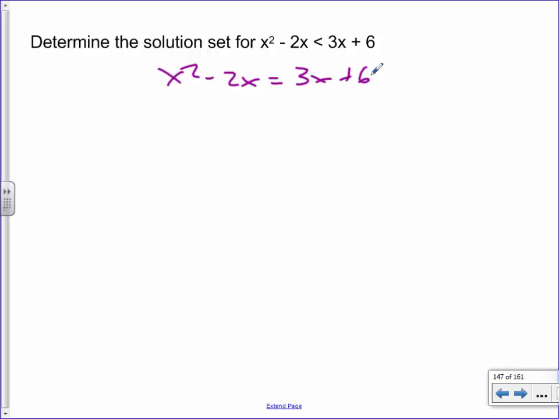Okay, so how many solutions could a quadratic have? I don't know that it has to, but at least it could have two, right? So to solve a quadratic, make everything equal to 0 and either factor or use the quadratic formula. So I'm going to bring everything this way. X squared minus 5x minus 6 equals 0. This is really similar to the one that caught you guys last day when Forrester was here. How do you factor that thing?